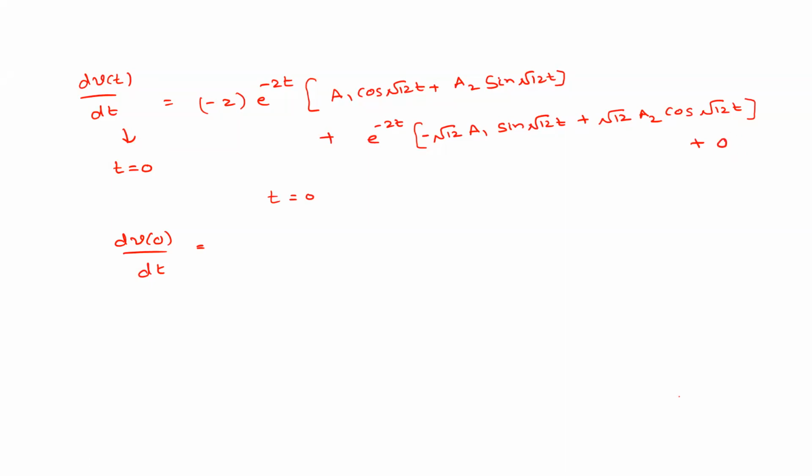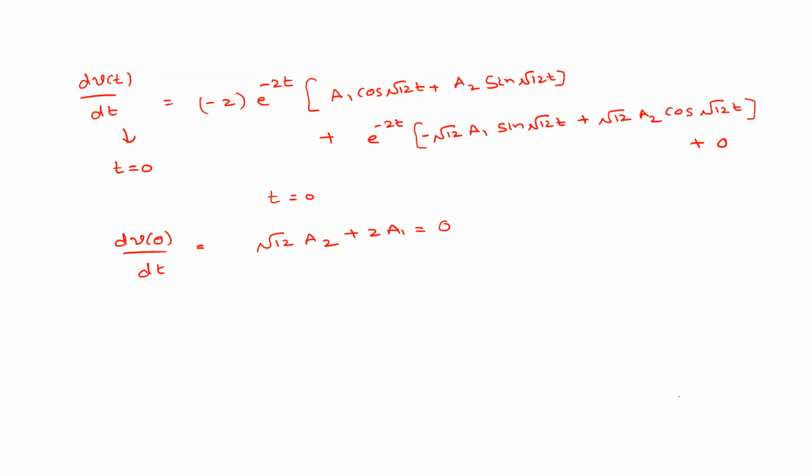So with t equal to 0, what is dV of 0 by dt? It is 0. So A2 comes out to be 0 only. Root 12 A2 minus 2A1 equal to 0. This entire thing is equal to 0, right? Is this correct?